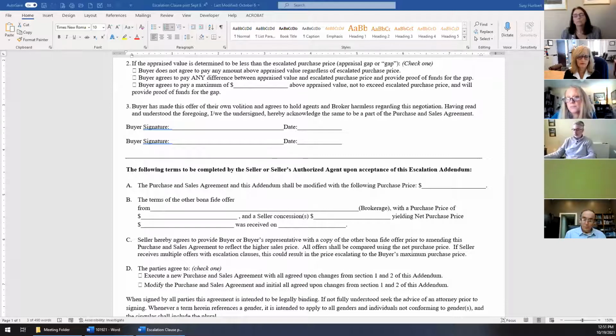So instead of going back and forth 85, 90, 95, 100, you automatically go to 100. That's how it escalates. Their maximum escalation is 100, so someone else is willing to pay 100. Therefore the other offer, B, is escalated by 5 over that, to 105.